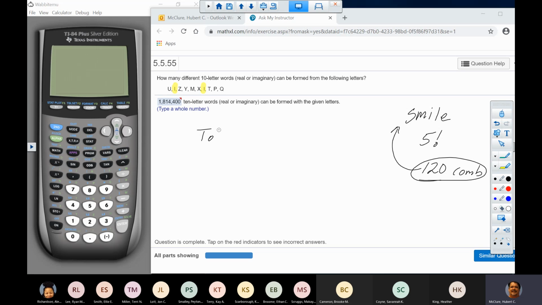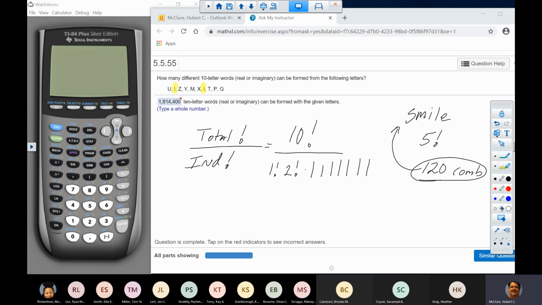Total factorial over individual factorial. So how many letters are there? What does the direction say? 10. 10 factorial over 1 factorial times 2 factorial times 1 factorial times 1 factorial times 1 factorial times 1 factorial times 1 factorial.